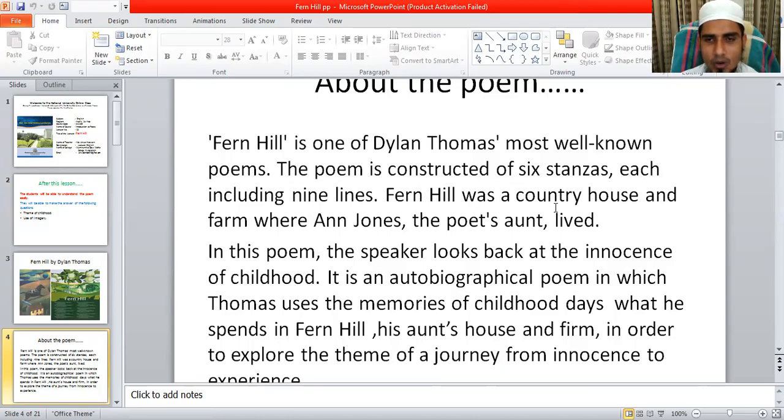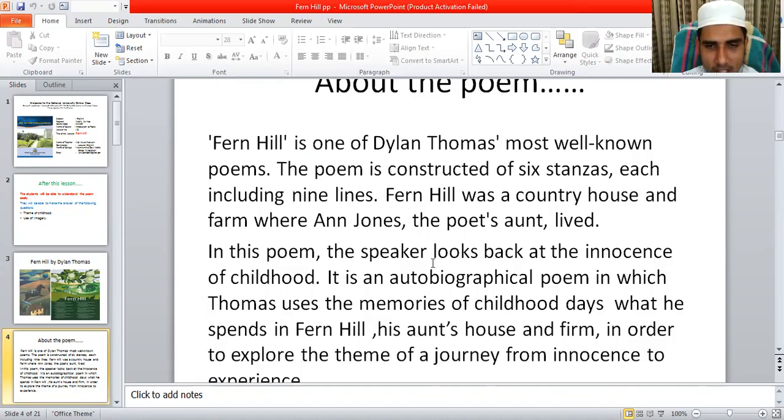Fern Hill was a country house. If anyone asks you briefly what Fern Hill is, you can give the answer from here: Fern Hill is or was a country house and a farm where Aunt Jones, the poet's aunt, lived. So this is the house or farm of the poet's aunt.